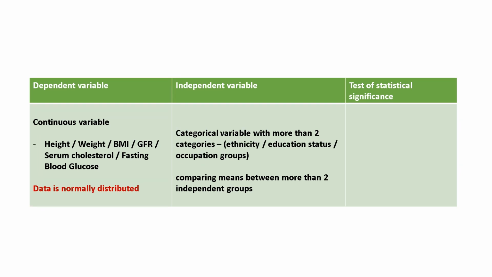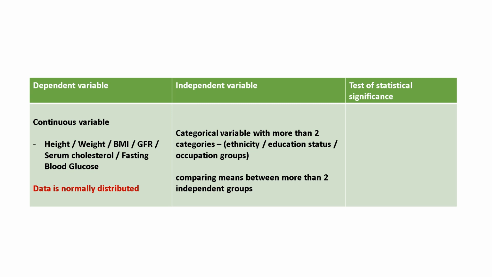The dependent variable is a continuous variable, same as before: height, weight, BMI, GFR, serum cholesterol, etc. Data is normally distributed also. The independent variable is categorical with more than two independent categories, like ethnicity. Ethnicity can be Malays, Chinese, Indian, others.